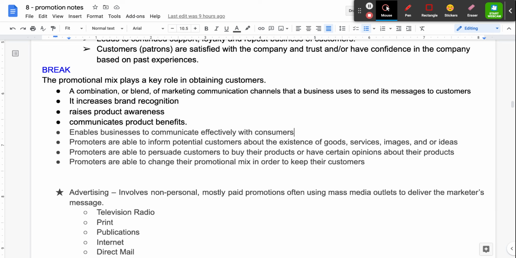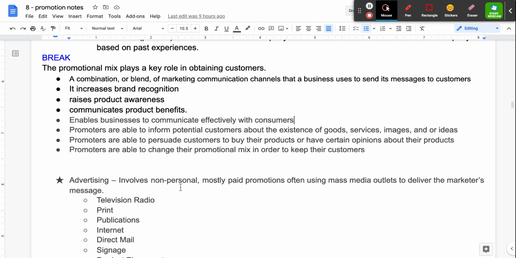We want to inform people. We talked about persuade. Promoters are able to persuade customers to buy their products or opinions about their products. And again, we talk about opinions more so being in the political standpoint, but also an opinion that our product is good. Promoters are able to change their promotional mix in order to keep their customers. Again, we're looking out for different people.